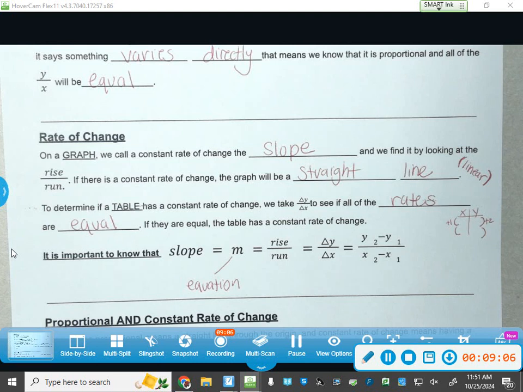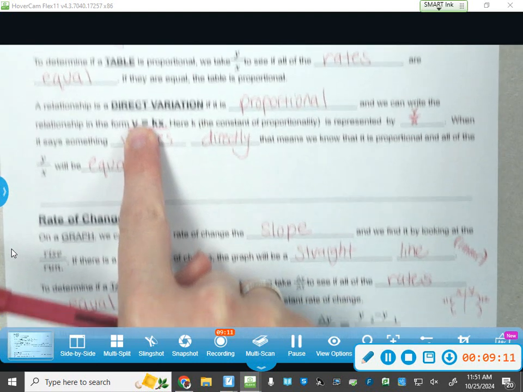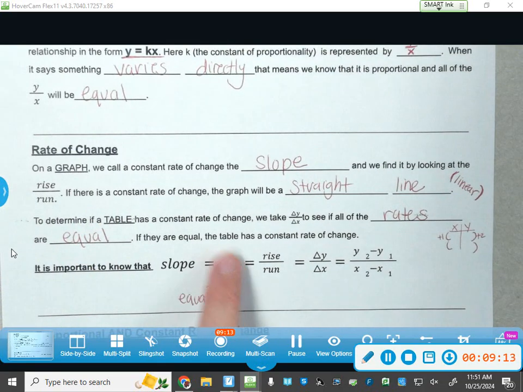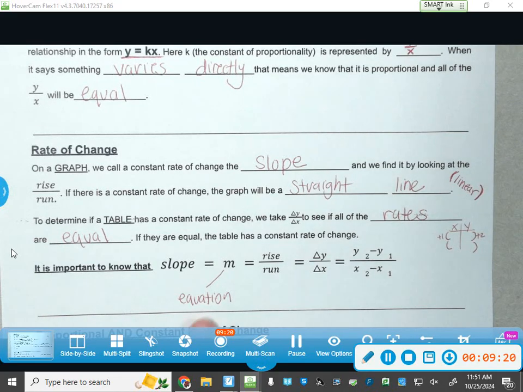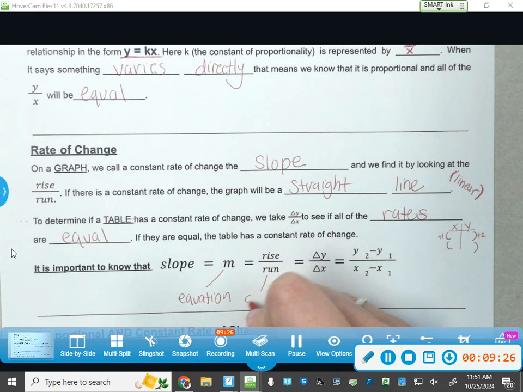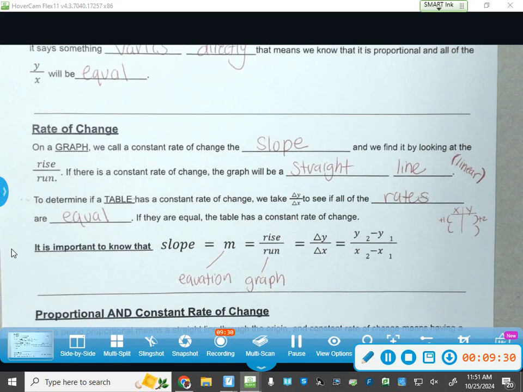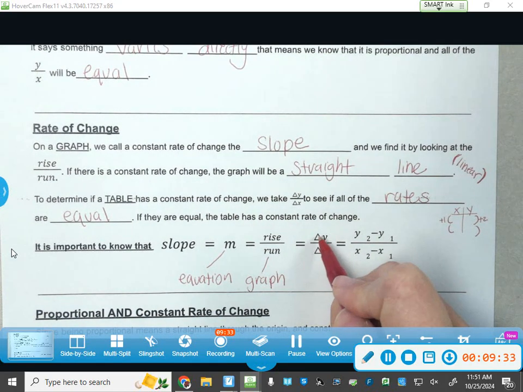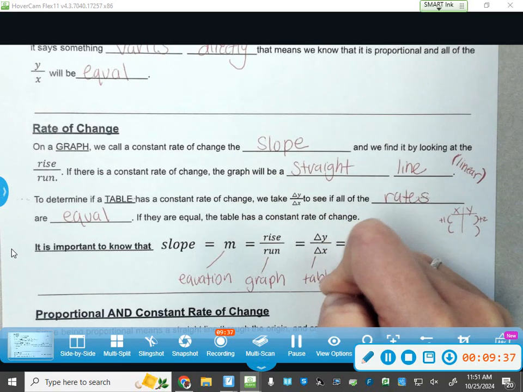We haven't talked about what an equation looks like if it's not a direct variation. The next lesson talks about what it looks like if there's just a constant rate of change but not going through the origin. So that equation is going to use m. We tend to talk about rise over run when we have a graph in our problem. We tend to talk about change in y over change in x when we're looking at a table to begin with.